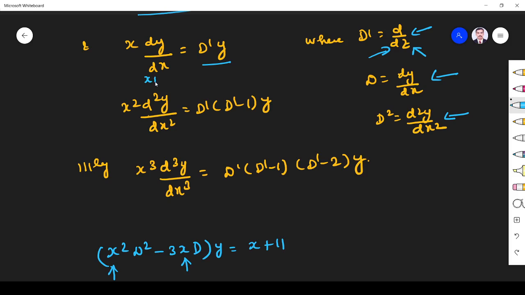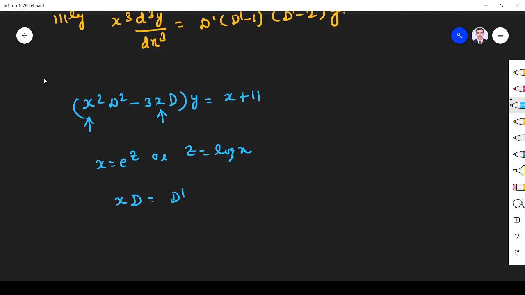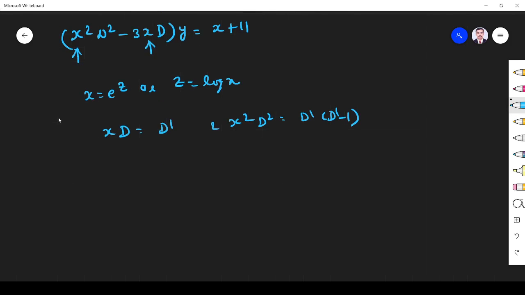Similarly, x squared D squared is replaced by d dash into d dash minus 1. Substitute these in the above equation.